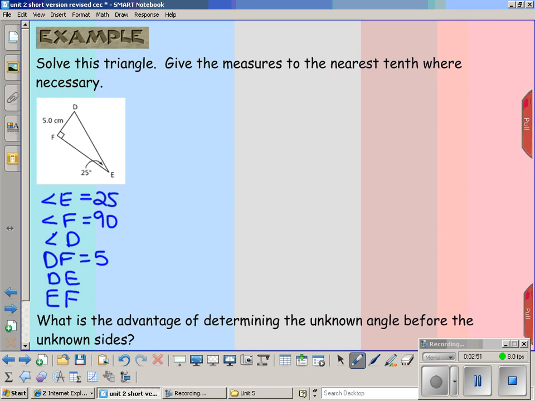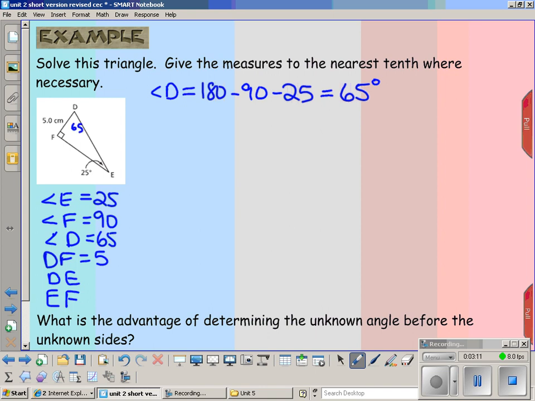So we can find angle D by going 180 minus 90 minus 25. And what we will end up with is 65 degrees.